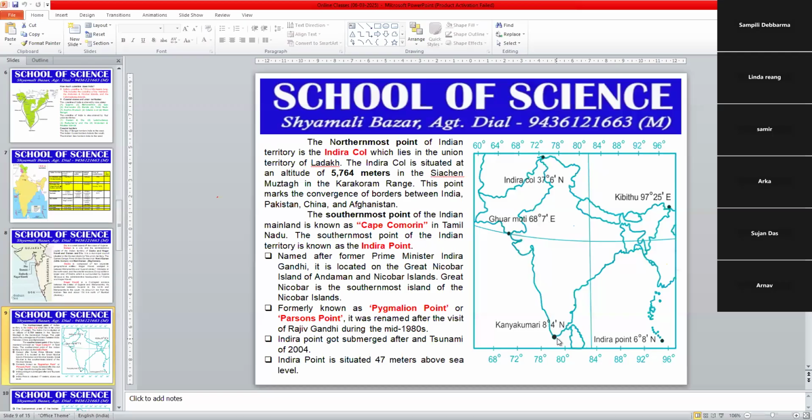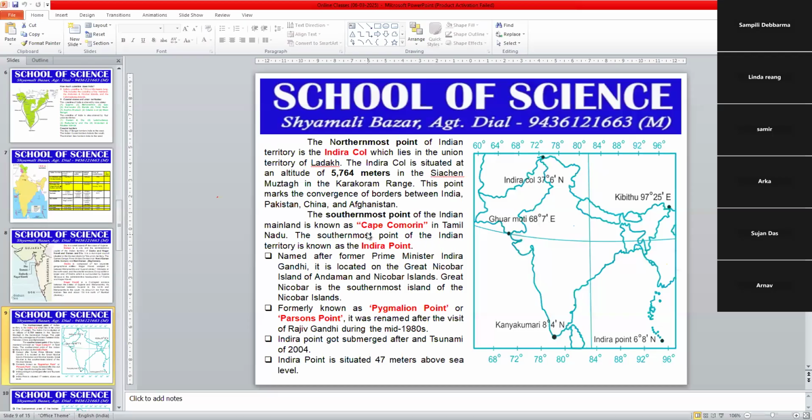But if they ask you, what is the southernmost point of the Indian territory? Then it should be what? Indira Point. Here you see, this point is called the Indira Point. So what is the difference between Cape Comorin and Indira Point?